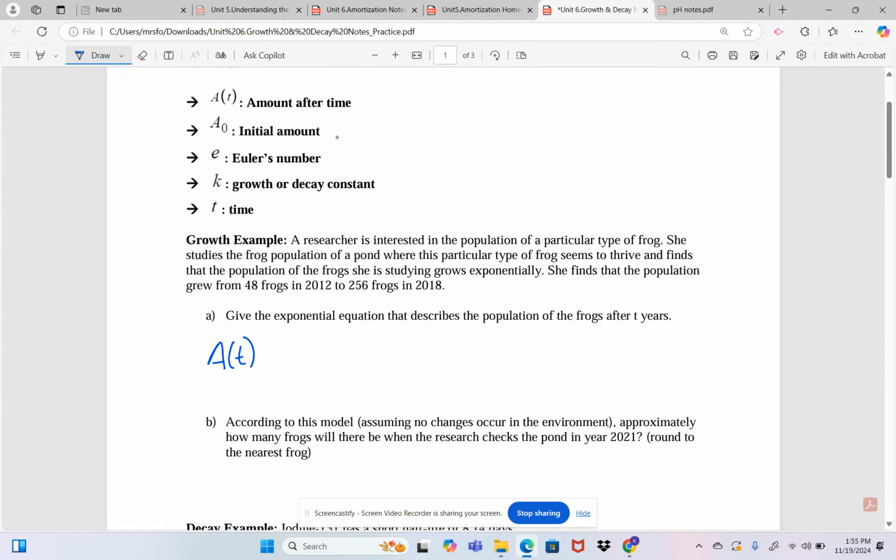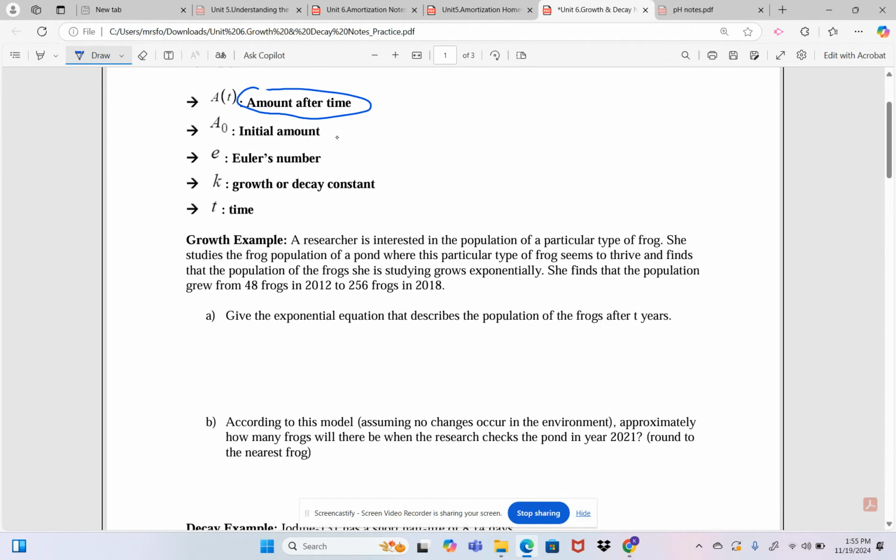So when we look at this, what we know, well, hold on, I'm not going to write the formula right now because it's there. So what we know is how many frogs, we know the amount after a certain number of time. How many frogs did they end up with? They ended up with 256 frogs.